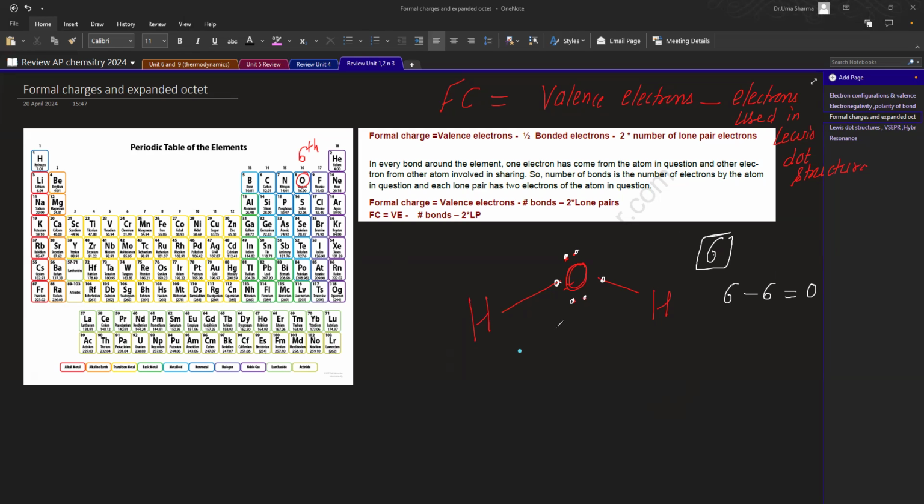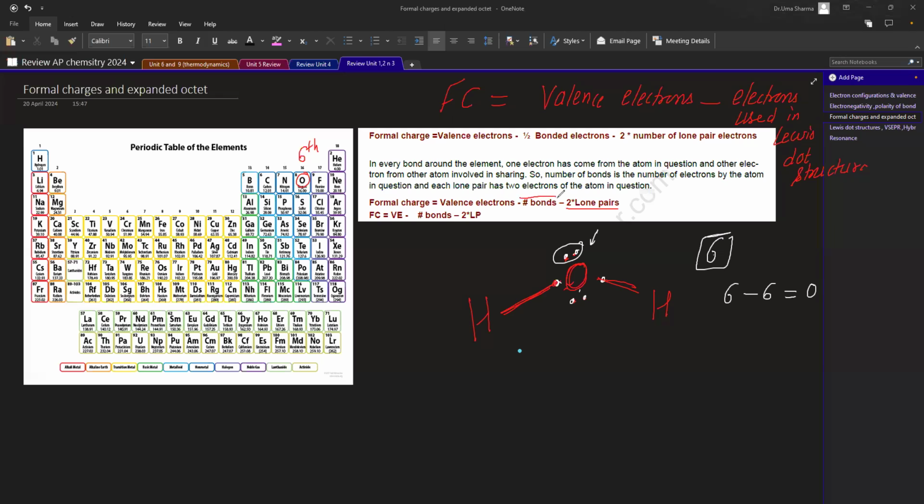So elements are using their electrons as lone pairs or as bond pairs. They are using them in these two different manners. As lone pairs, whatever number of lone pairs are there, you multiply it by 2. In the bond pair, they are giving only 1. So if there are 2 bonds, it means there are only 2 electrons.